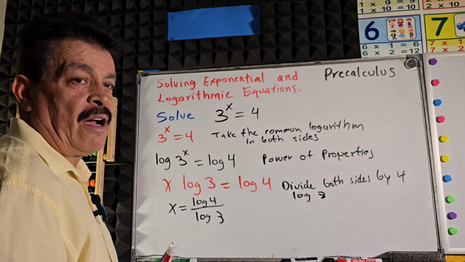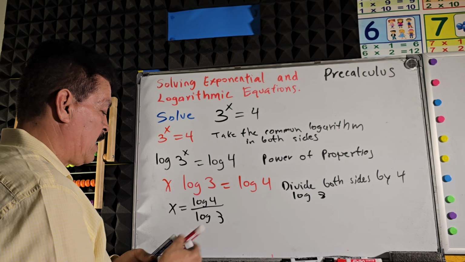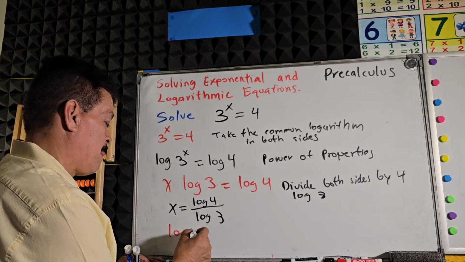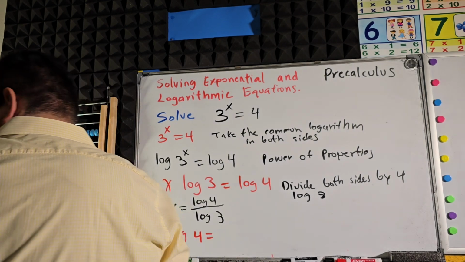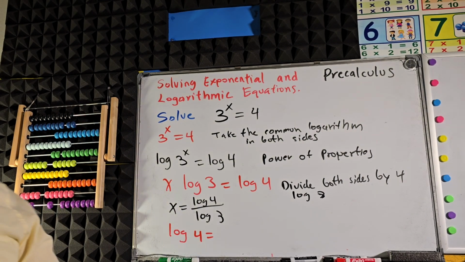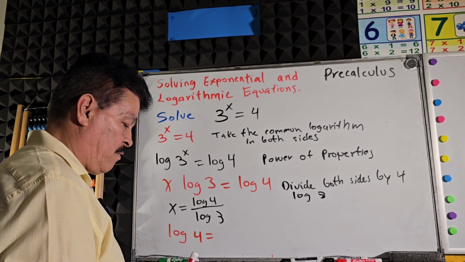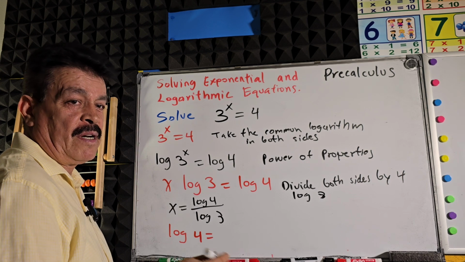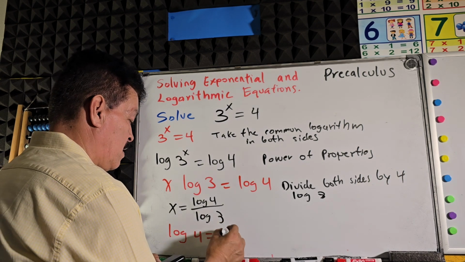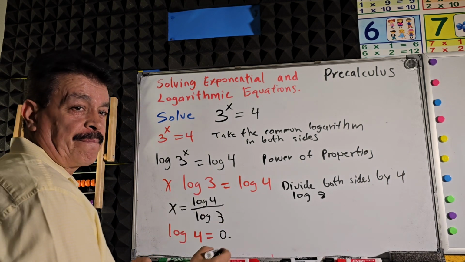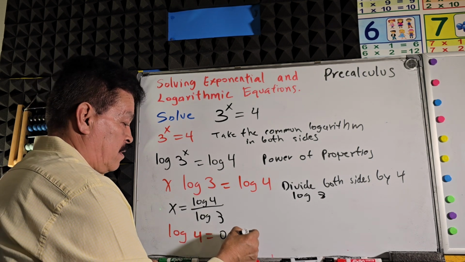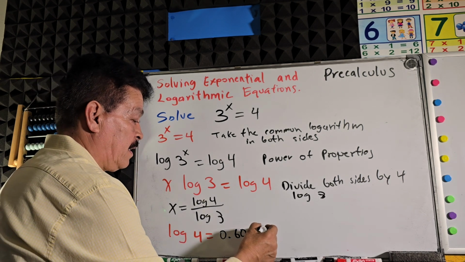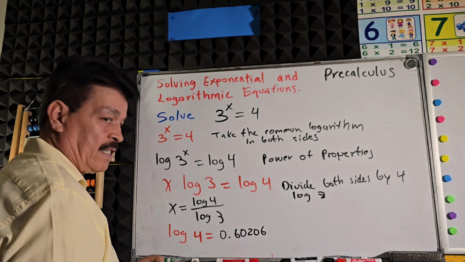Okay, so now we will have log 4. Check the numbers: log 4 is 0.60206.